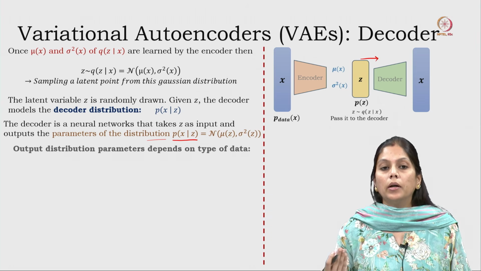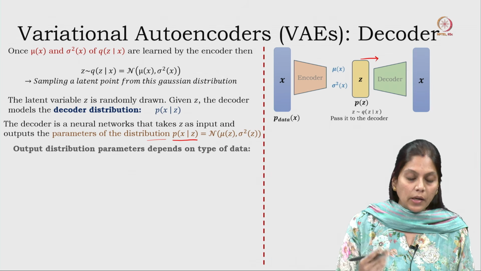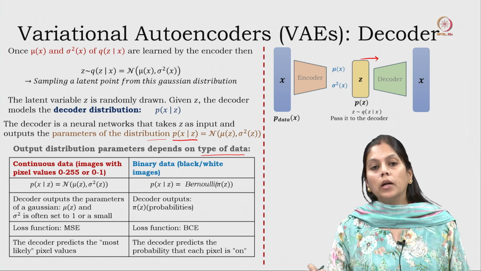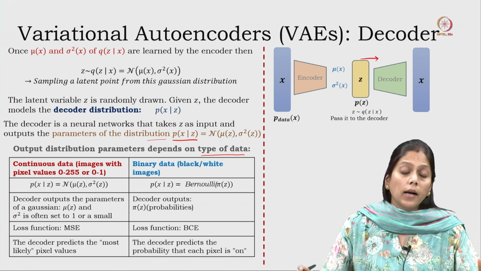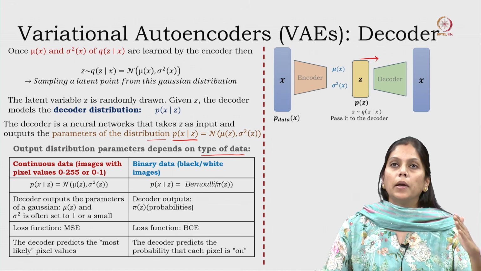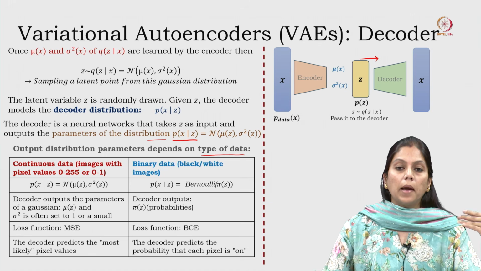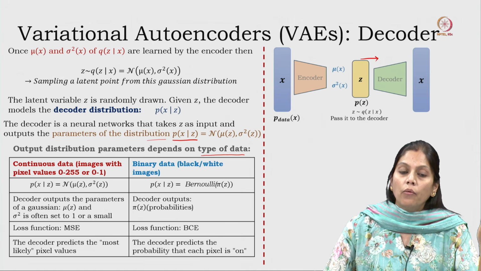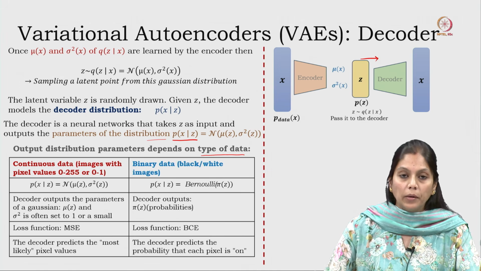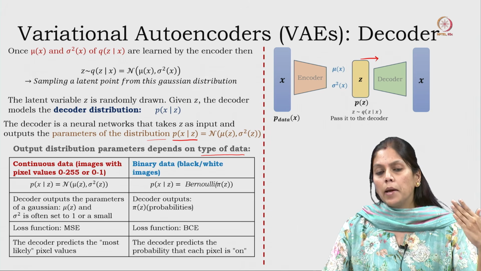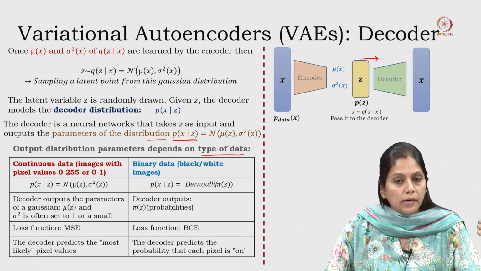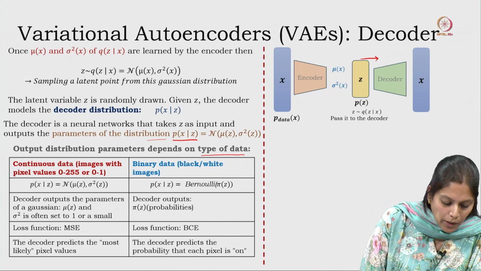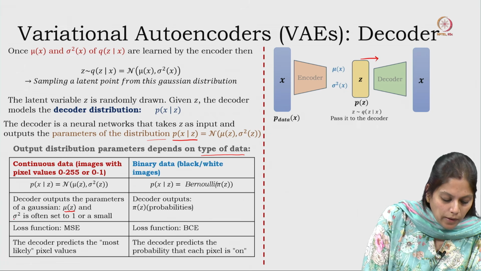It always depends on the type of data that the decoder is reconstructing. Suppose the decoder is reconstructing continuous data, which can be tabulated data or images where the pixel values are between 0 to 255. When you normalize, it will be between 0 to 1. Then the decoder is going to give us the mean and then the variance.